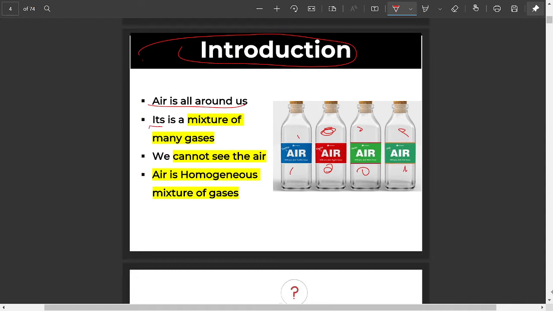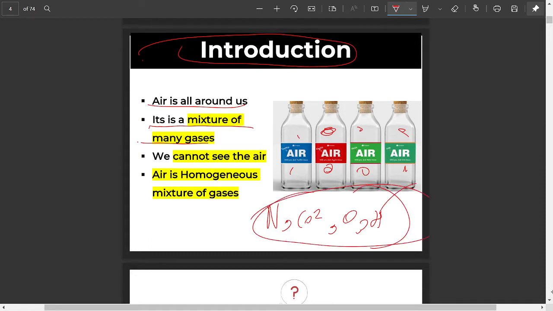It is a mixture of many gases. As you can see, it has nitrogen and CO2, carbon dioxide, or oxygen too, or hydrogen too. These are some types of gases present in it.